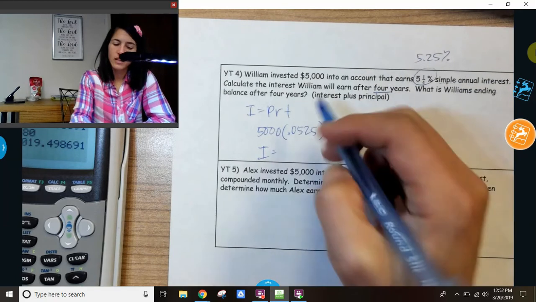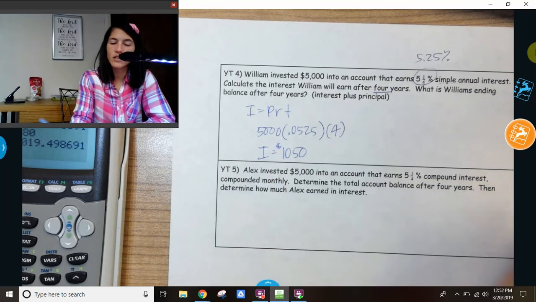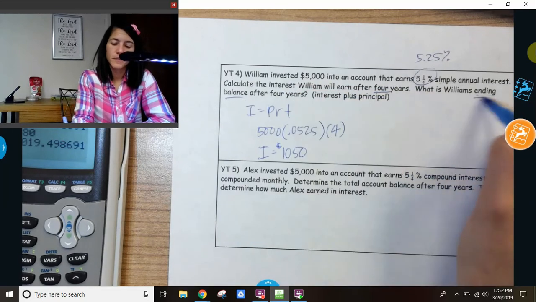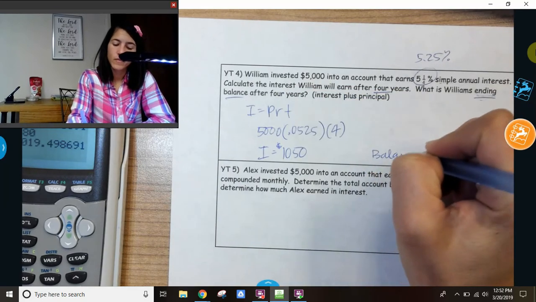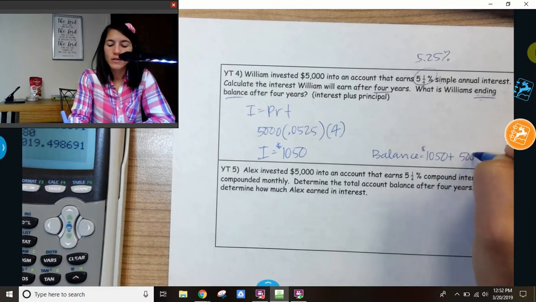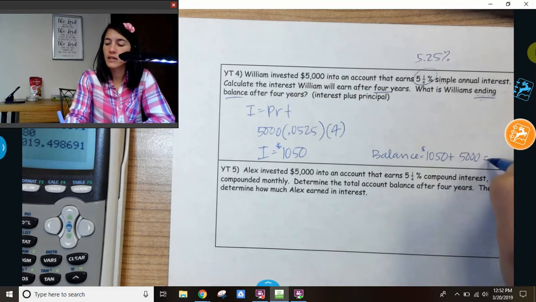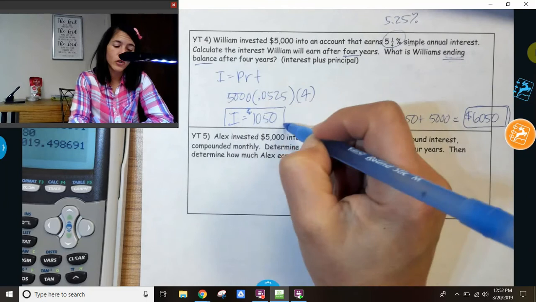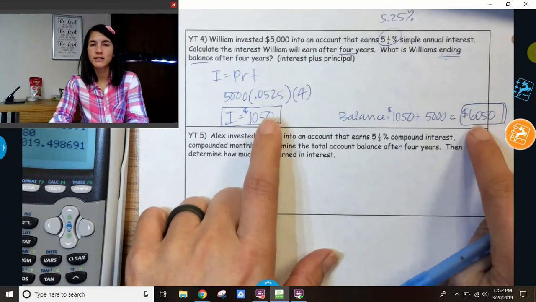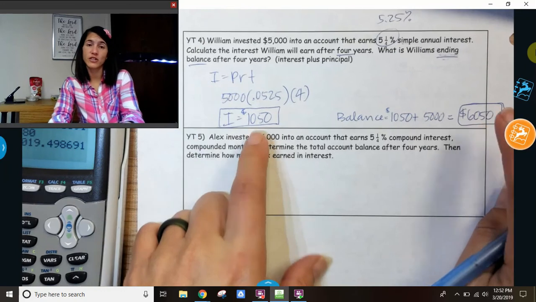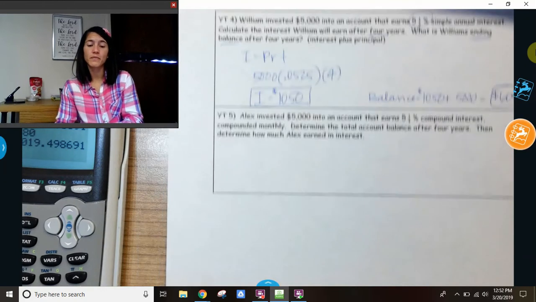I already did this one, and it was $1,050 is your interest, and then for the ending balance you have to add your interest to your principal, so the ending balance is $6,050. So there are your answers for you try 4, interest and balance. Because this is simple interest, all it gives you is interest, so you have to add it back to the principal.